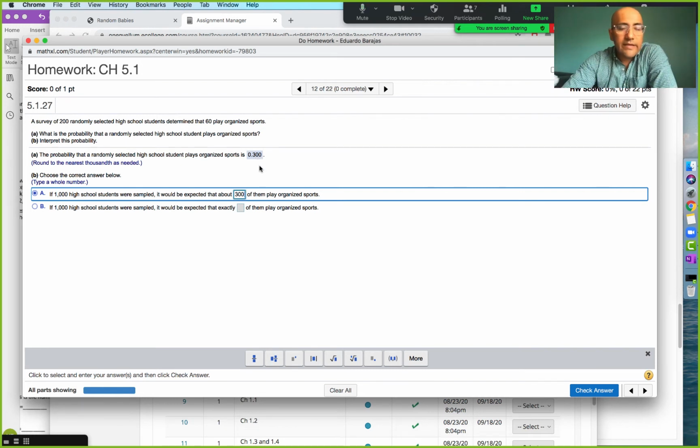We're fairly confident, since empirical probability makes us fairly comfortable with this answer, but it's not the exact answer. The only way we can get the exact answer is if we surveyed every single student at this high school. That would be a census rather than a survey.